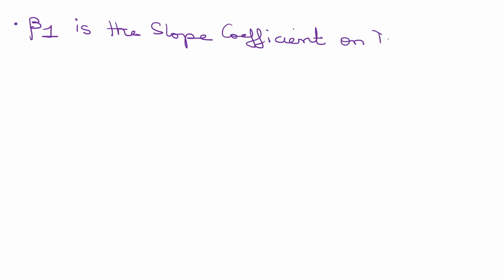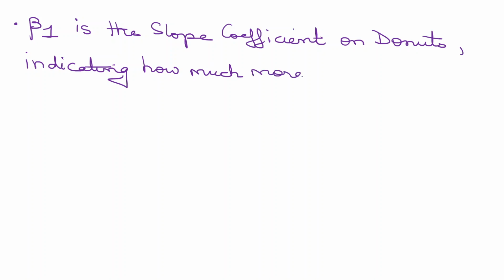Beta 1 is the slope coefficient on donuts, which indicates how much more a person weighs for each donut eaten.